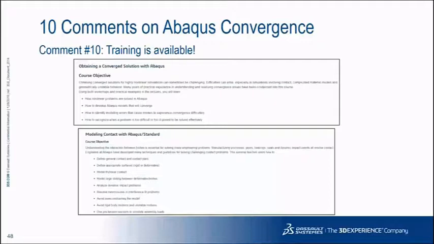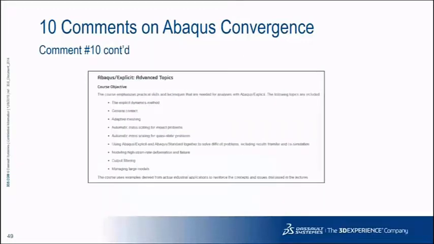And if you really want to investigate the use of Abaqus Explicit for very tough, challenging quasi-static simulations, or even for highly dynamic simulations if you have those applications, then you can look into signing up for Abaqus Explicit Advanced Topics.